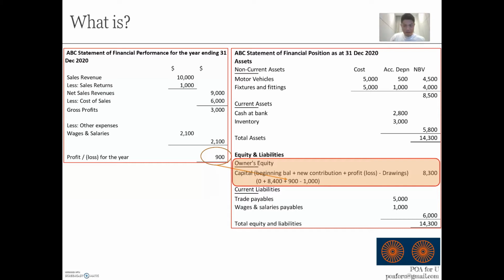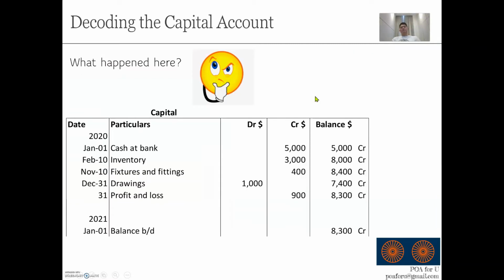Okay, hopefully that makes sense. Okay, but these are the two things that you would see that relate to equity within the statement of financial performance and position.